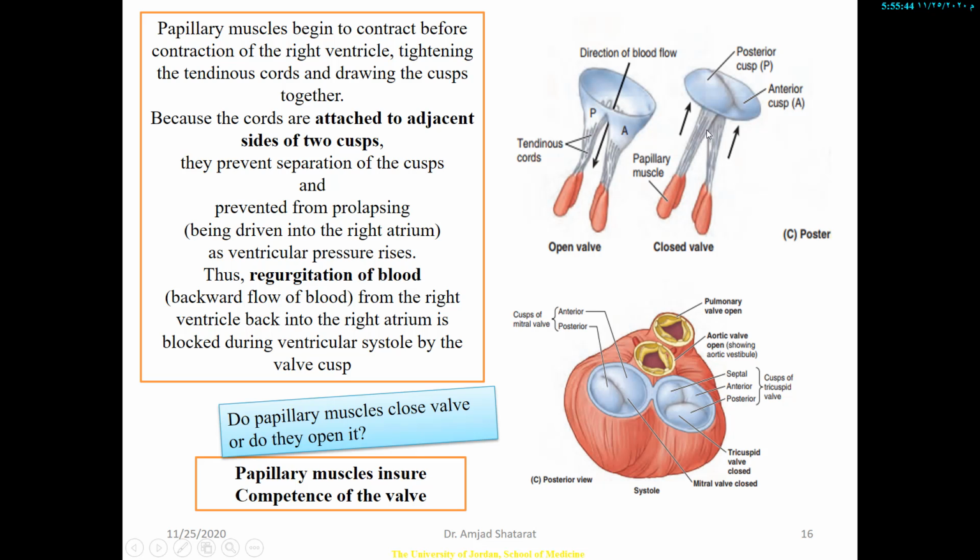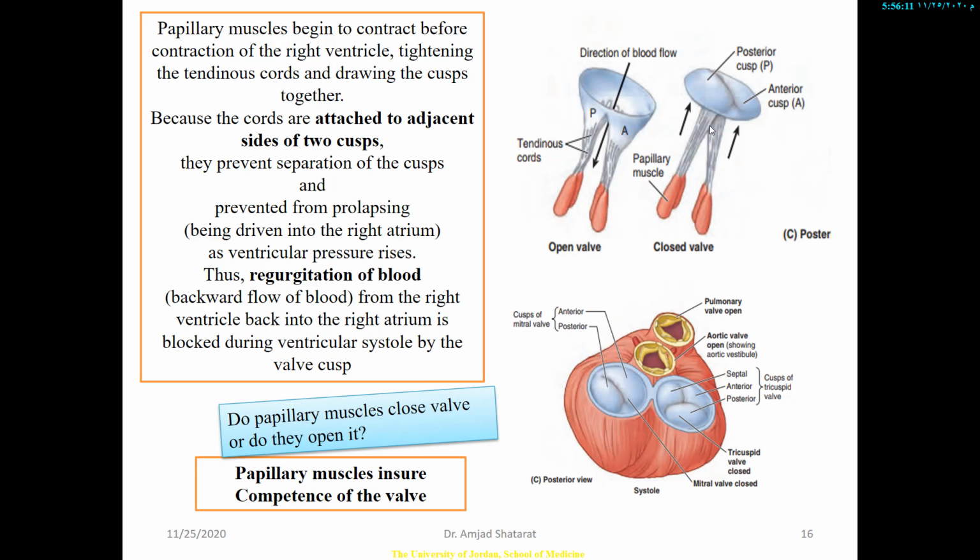It's when the blood has come inside the right ventricle, and the blood is just about to be pumped towards the pulmonary trunk, out of the right chambers.